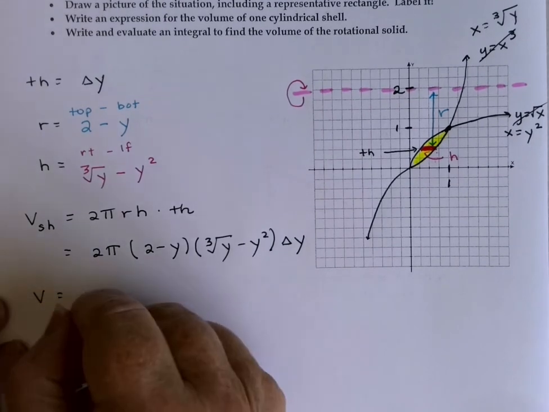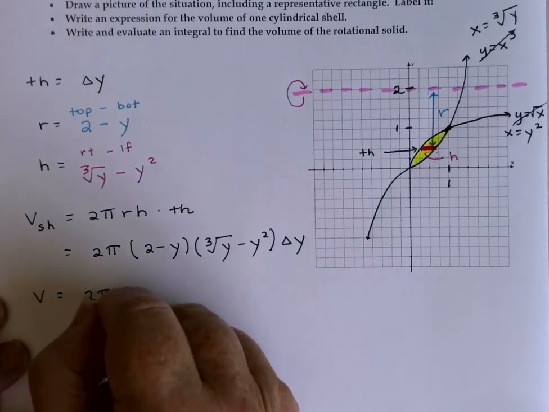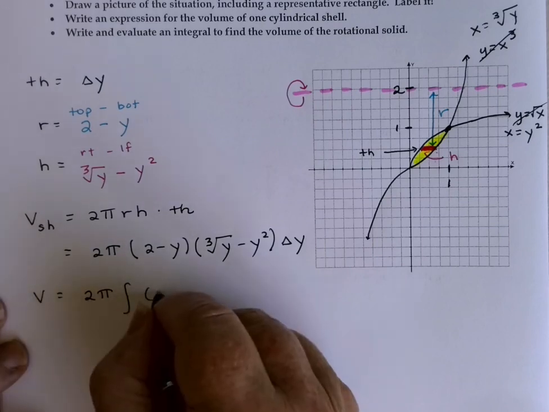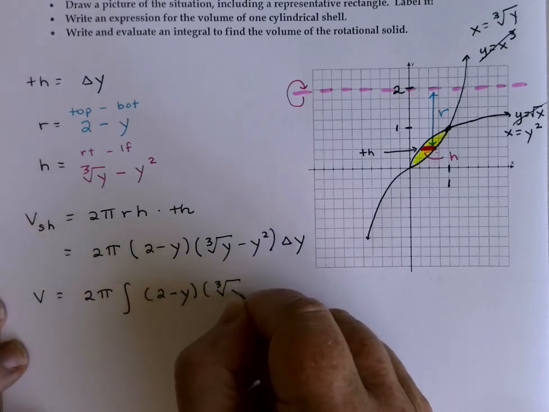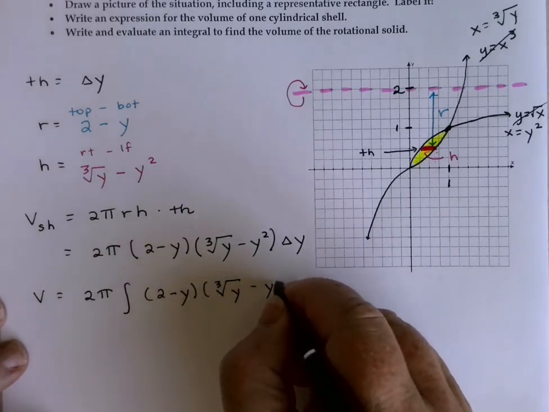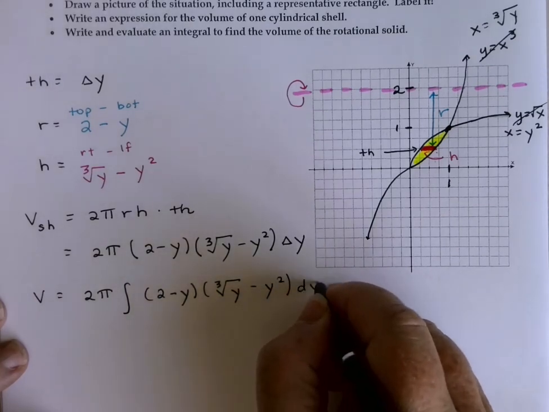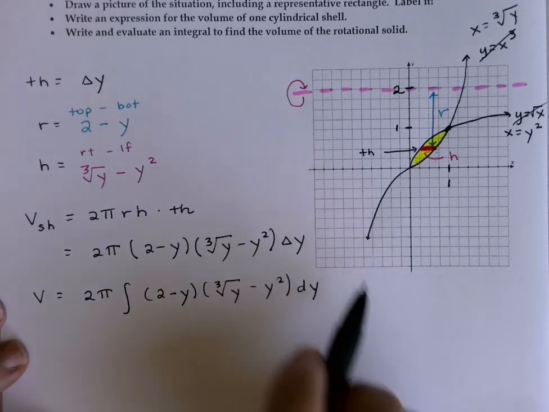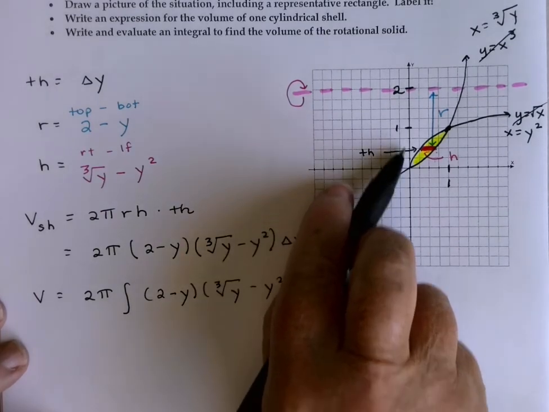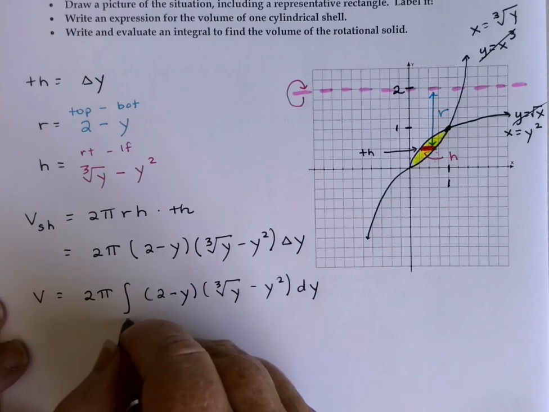The entire solid would have a volume of 2 pi times the integral of all of this, and again it's a dy integral, so my limits of integration would be from y equals 0 up here to y equals 1.